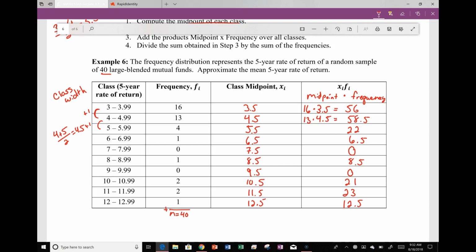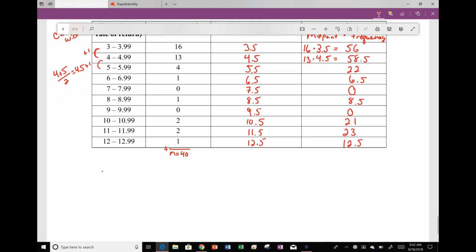In order to calculate the mean, we're finding the midpoint, and we're going to say, okay, each of these 16 values is 3.5. Each of these 13 values averages out to 4.5 each. So I can't just add up the midpoints, because that would mean I only had one in each class. Therefore, I have 16 values that are 3.5. That is like taking 3.5 and writing it out 16 times.